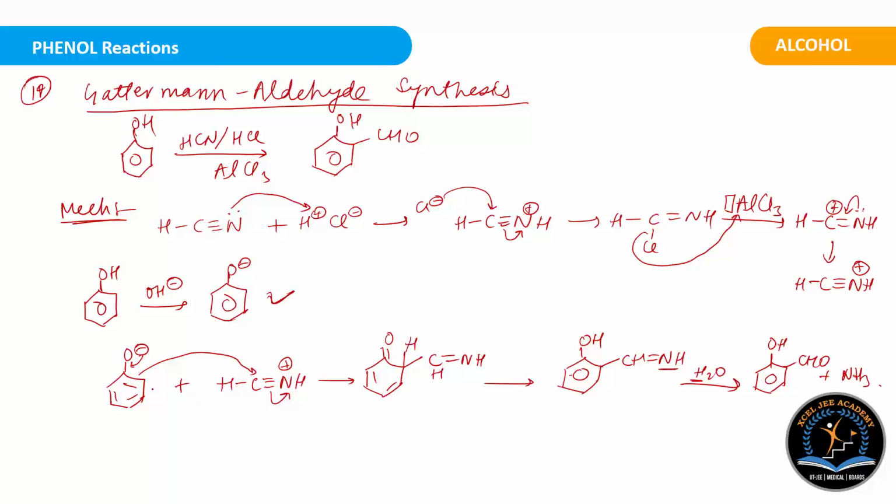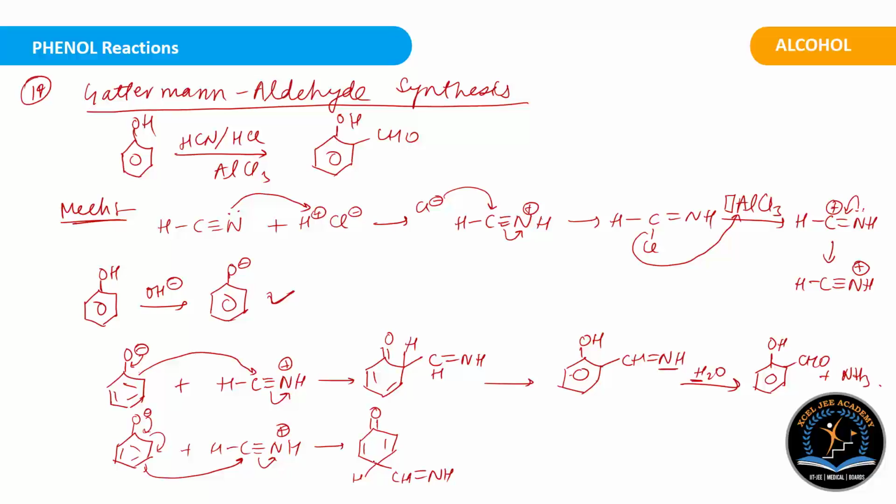The same attack can go to the para position, that is another one. This is O minus, it can be moving, and from the para position it can attack this carbon which is present in this one. So this is the attack, this is open. Now again the same steps: this is hydrogen, this is CH with double bond NH.